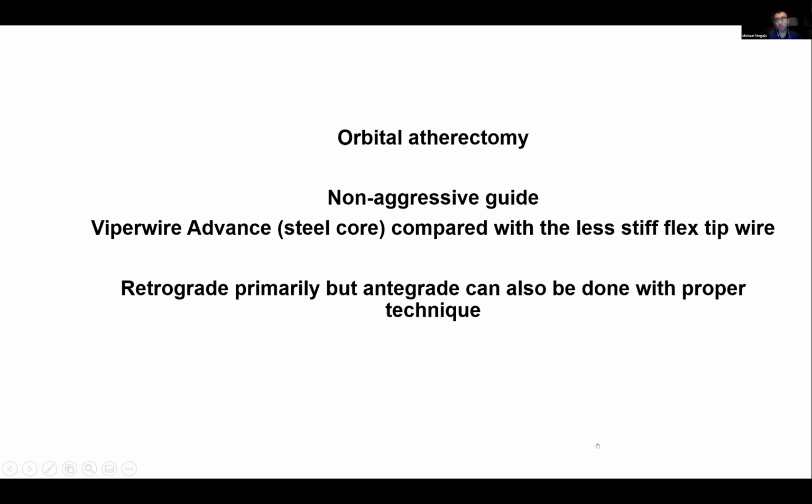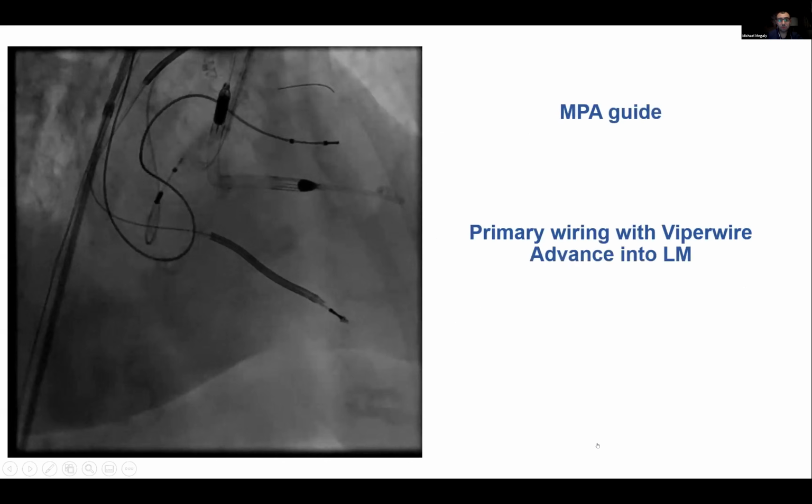But the antegrade method can also be useful, especially if the calcification is so severe that it cannot be crossed with the crown. It can be done with proper, careful technique.